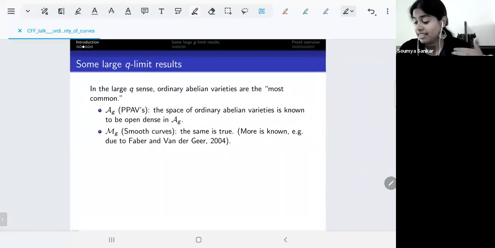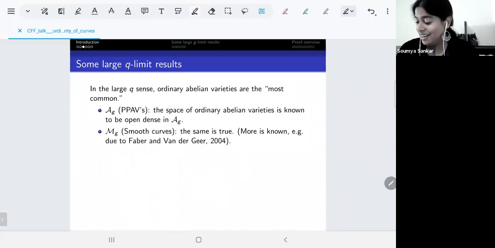A similar thing is known to be true for curves. The ordinary locus is open dense, and you know more about the dimension of the p-rank less than or equal to some number locus, in particular due to work of Faber and van der Geer.